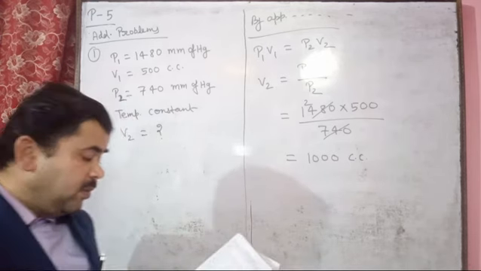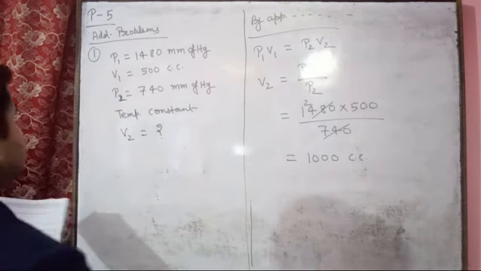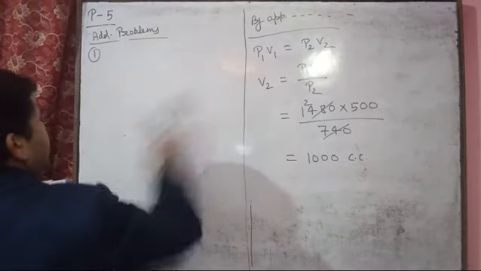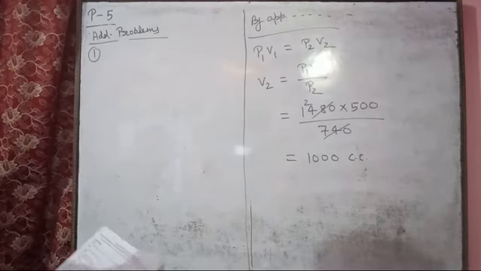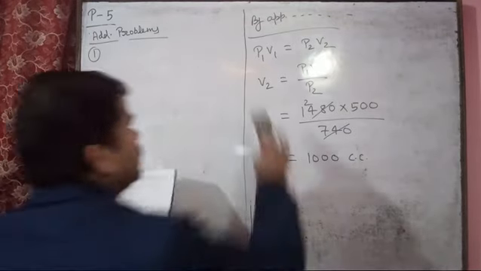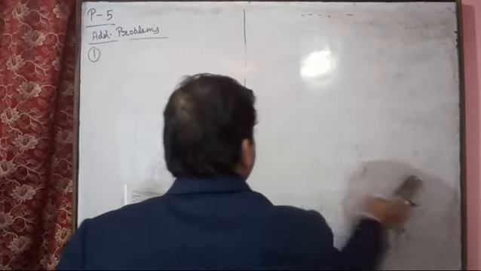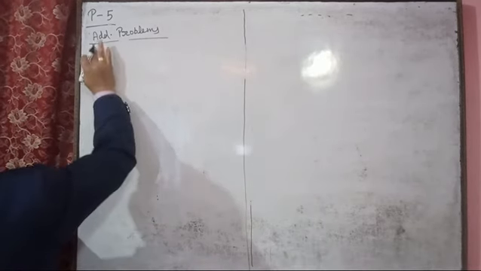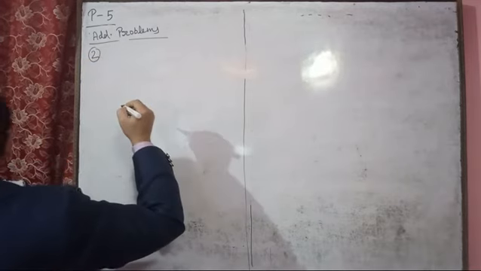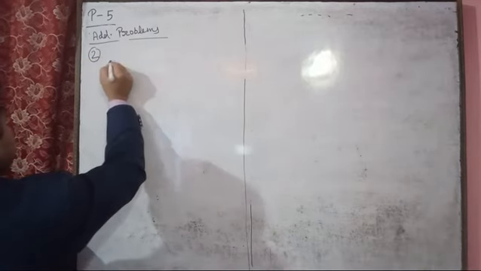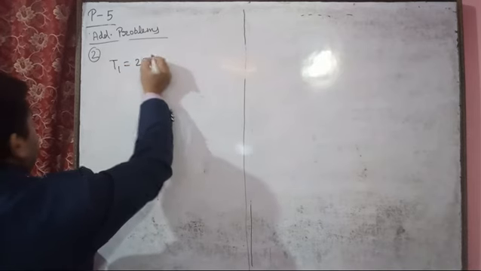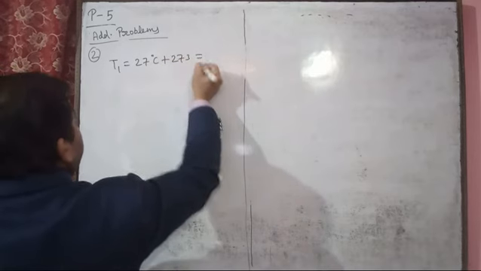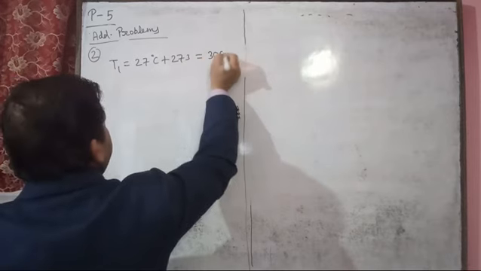So T1 is 27 degrees Celsius; by adding 273 we get 300 Kelvin.